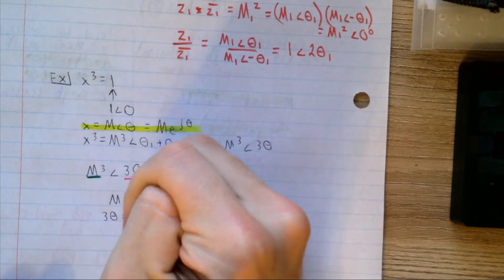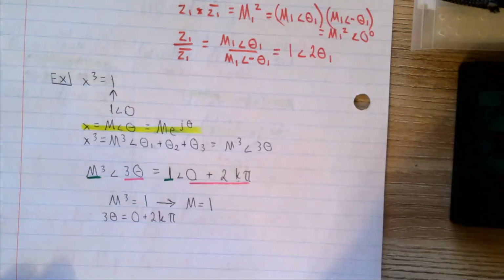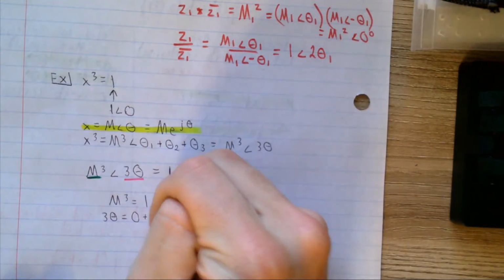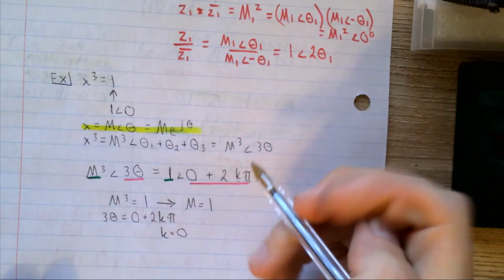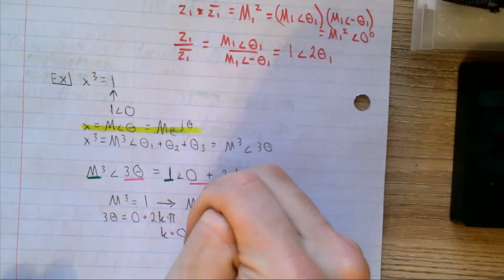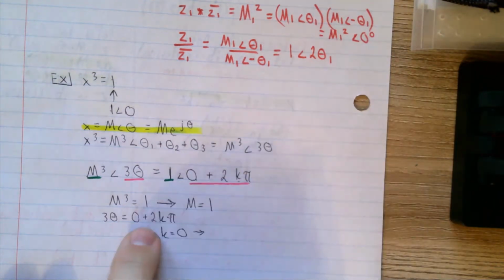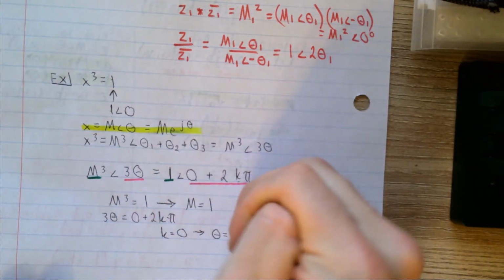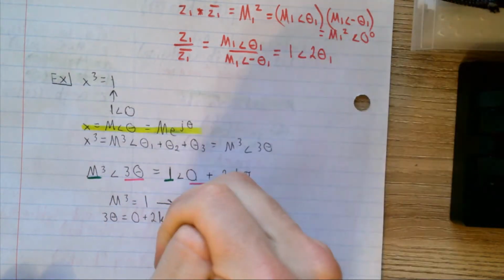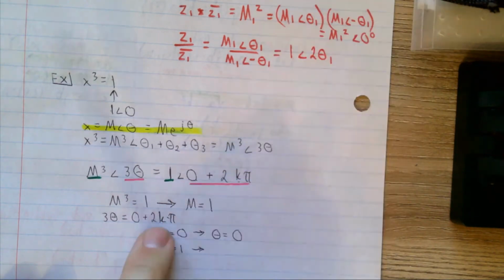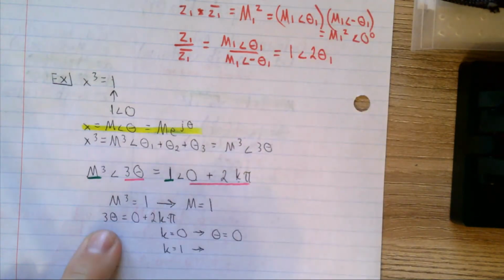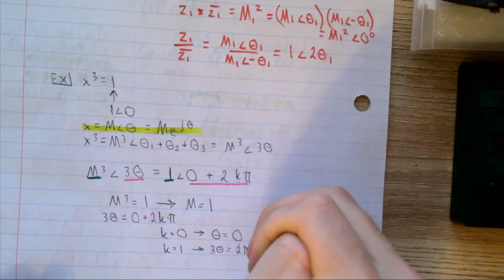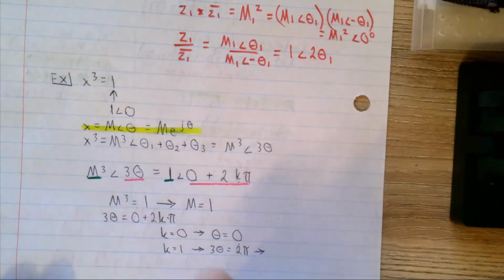And now if I solve for this, if we have k equal to 0, that's going to be 0 is equal to 3 theta, that means that theta is equal to 0. But if k is equal to 1, so that would be 2 pi is equal to 3 theta, and then you just solve for theta, you're going to get theta is equal to 2 pi over 3.